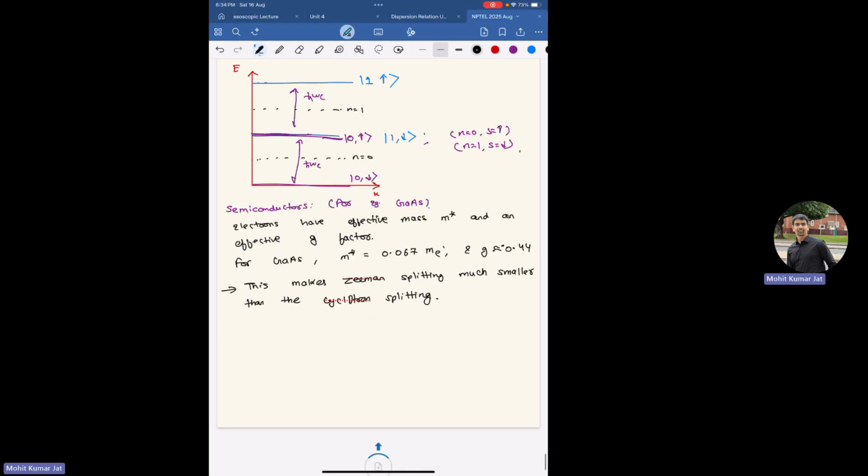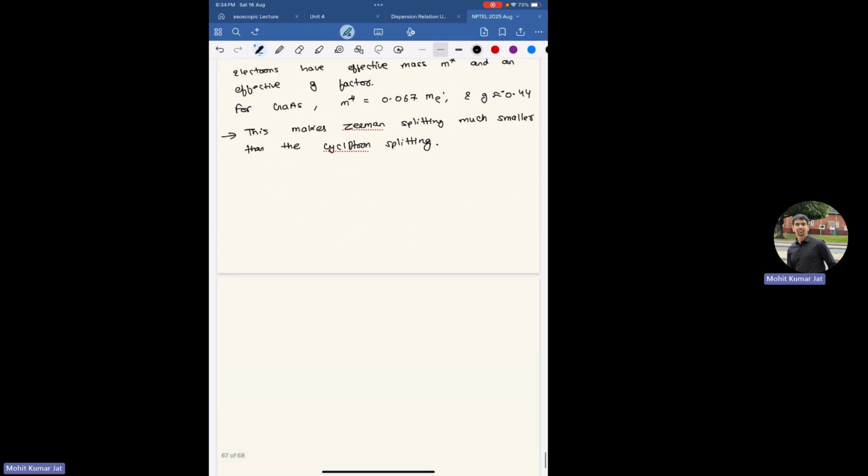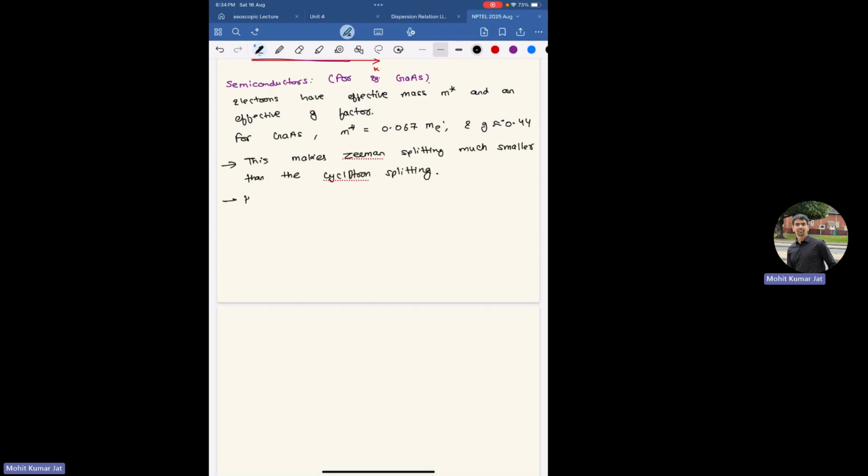Hence, Landau levels are nearly spin degenerate, and spin splitting may only become visible at very high field.